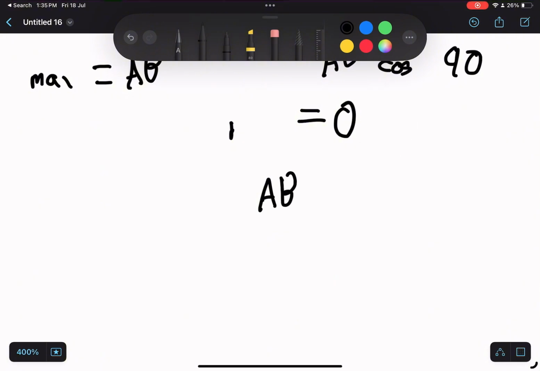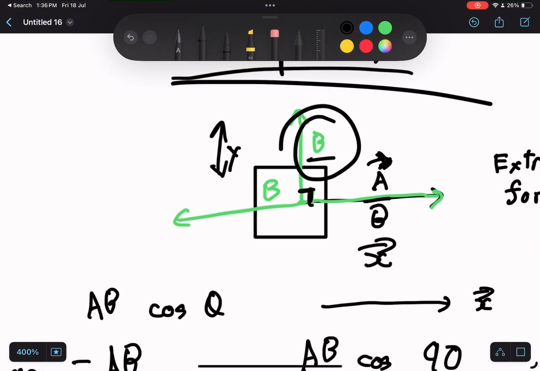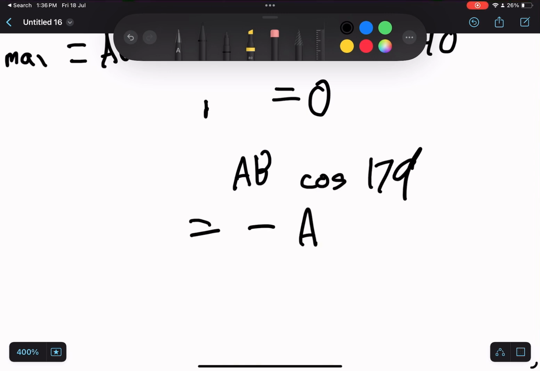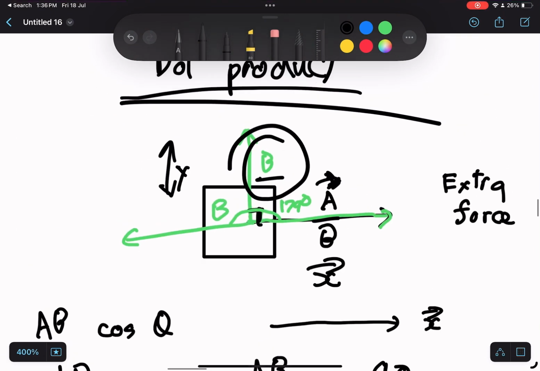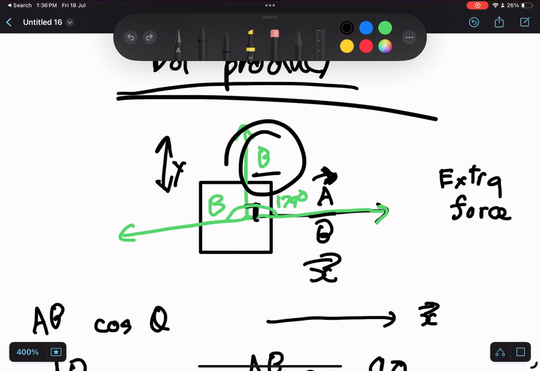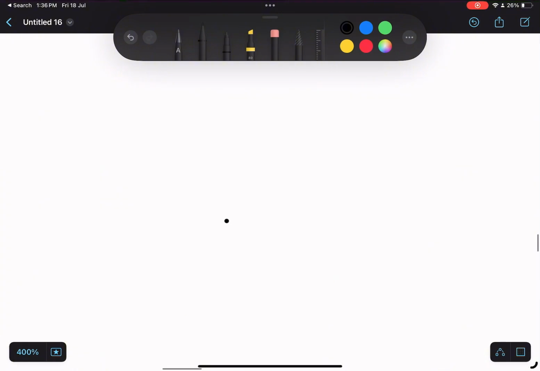If we put AB and define this as 179 degrees for unknown reasons, because why not? We have AB cos 179. Since cos 179 is negative, our answer would too be negative. So in that case, the work is negative as it opposes the direction of motion, and thus the dot product is negative. So like that we understand dot products.